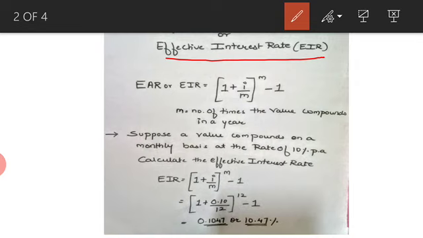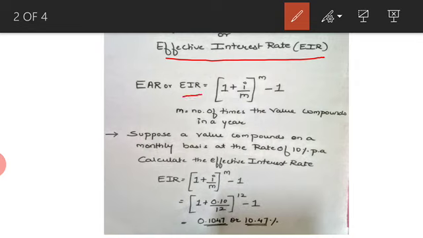But at the end, when you calculate the amount, you find that the amount cannot be got by using the same rate of interest. That means the effective interest rate is something else. So let's try to understand what this effective interest rate is.